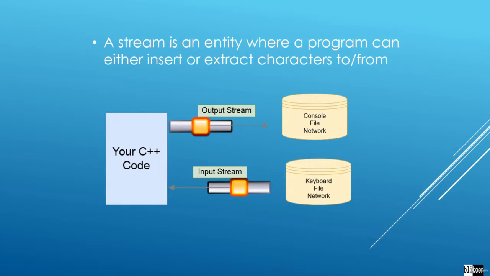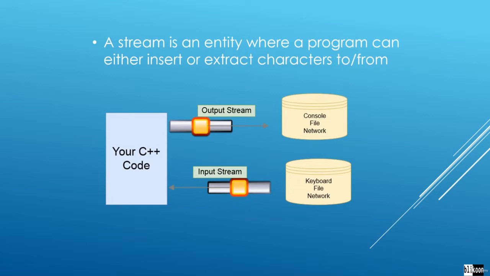Streams are used in C++ to abstract the operations of your application writing to the output or reading things from the input. For you to understand that, I'd like to clarify what can be an input and what can be an output. An output can be one of these three things. It can be the console that we've seen already in the previous lectures, that black and white screen.